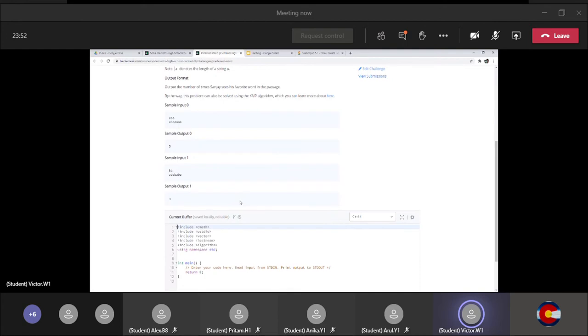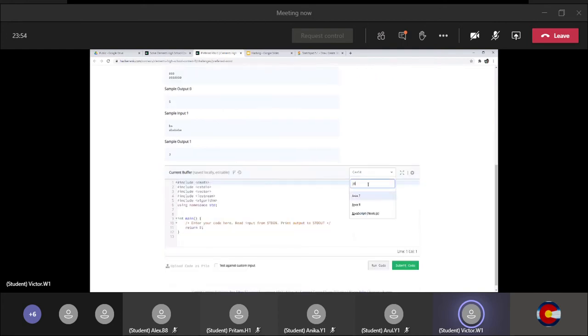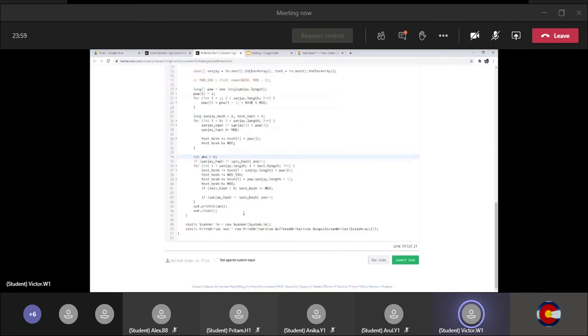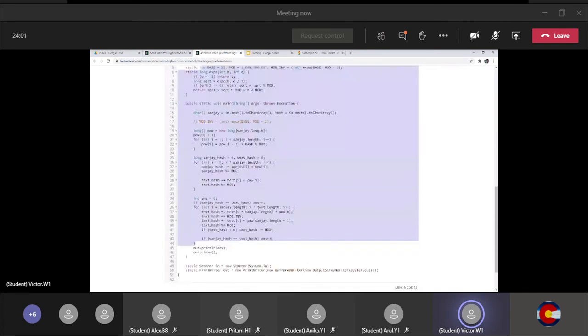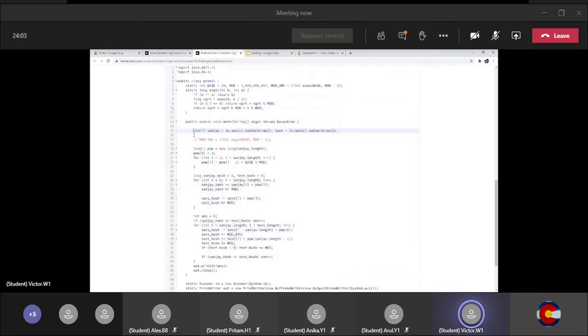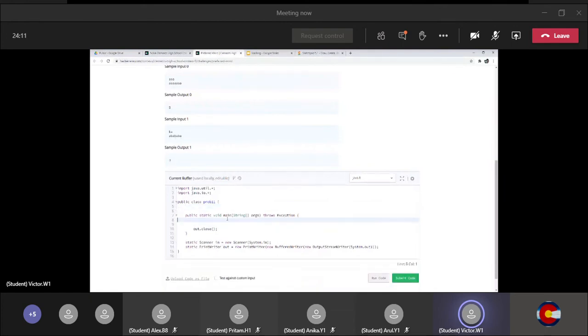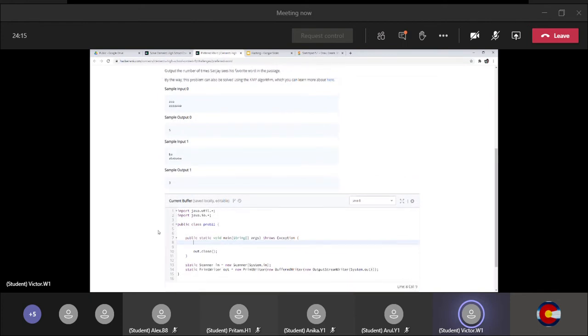So we're actually going to start implementing that, and there'll be a lot of stuff to explain as we go. Let's clear out this pre-written code. I already have a scanner and output set up, so we first need to read in the input.